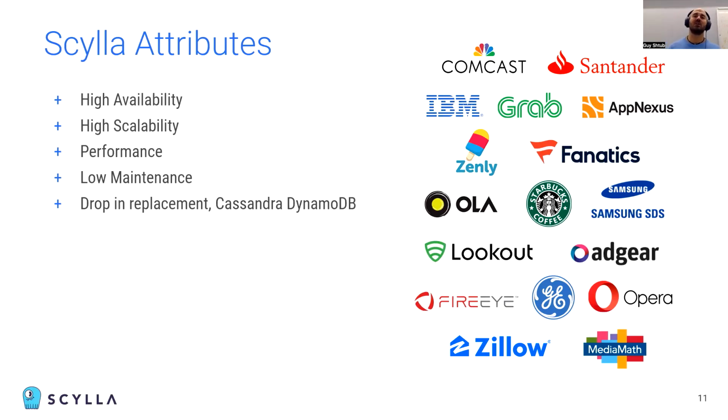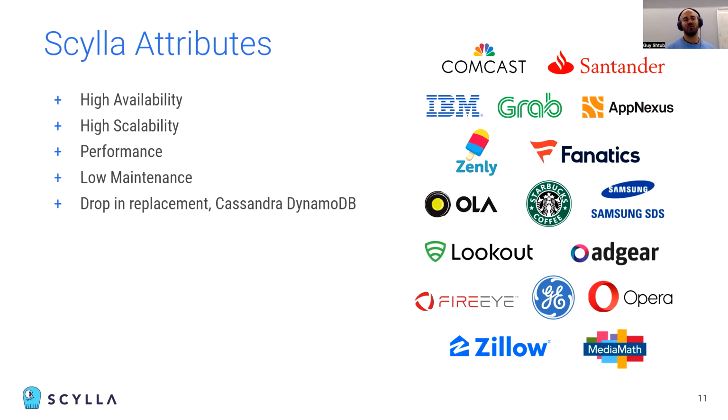You can look on our website for specific industries related to your use case. But basically, if you're running a database that has a lot of data, and you need high availability and high performance, then I would recommend taking a look at ScyllaDB to see if it fits your use case.